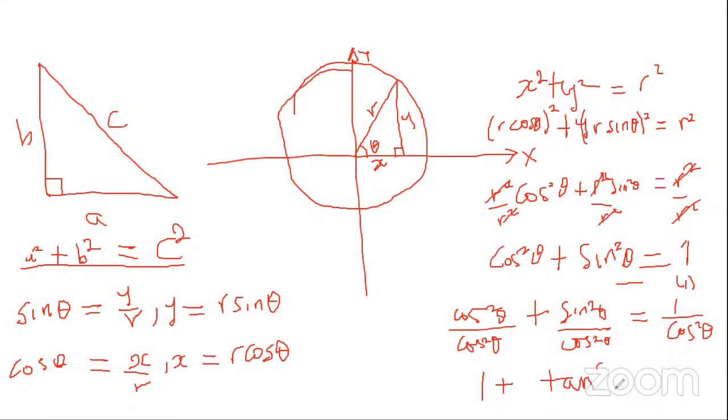So this gives us tan squared theta, and then 1 over cos, we have just seen that it is sec, so it will be sec squared theta. So this will be our second identity.